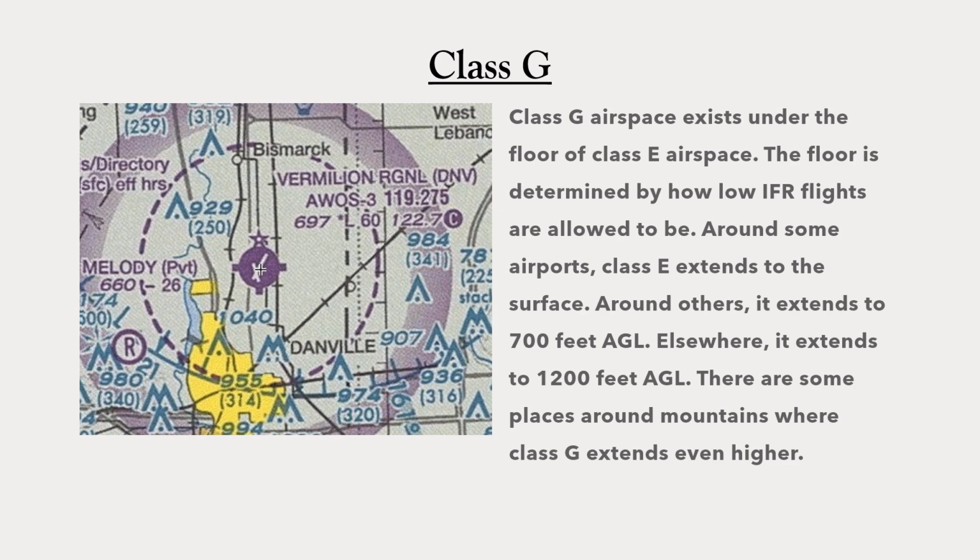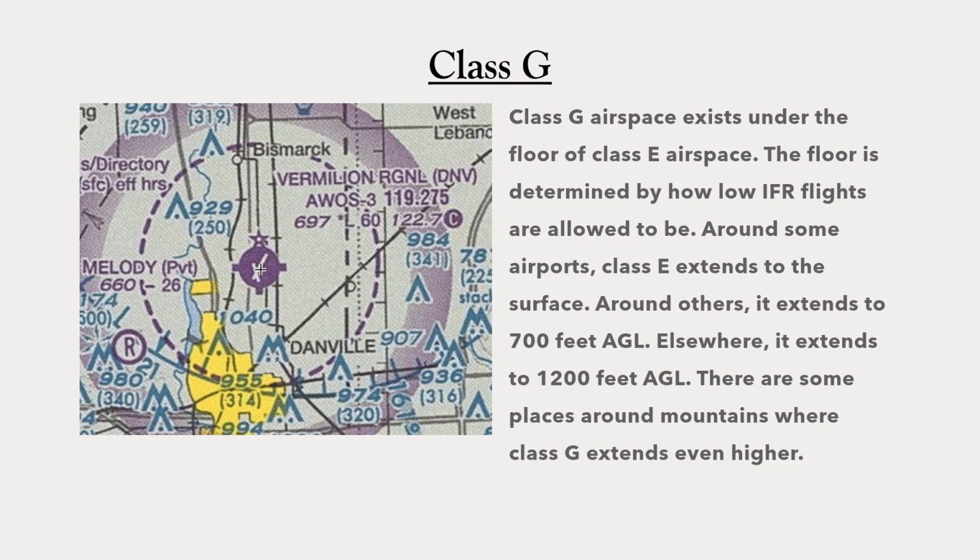That's what this dotted circle means. So there is no Class G underneath this. Around other airports, the Class E will extend down to 700 feet. Other places it'll extend down to 1,200 feet. There are some places around mountains where the Class G goes even higher than that.